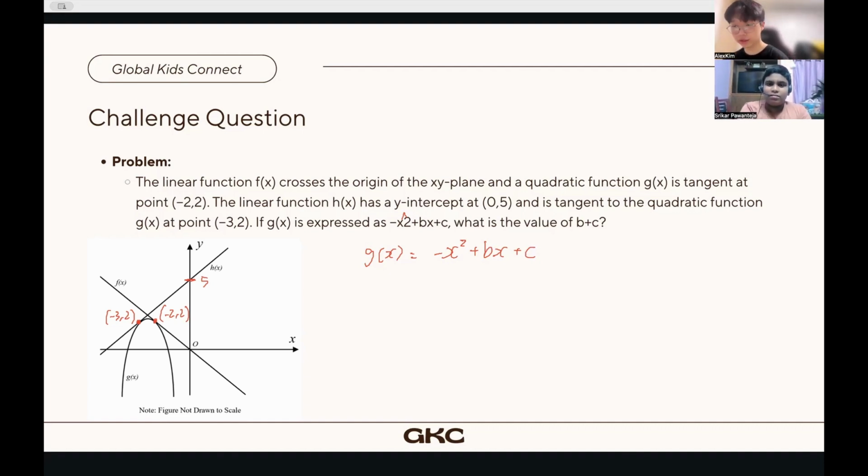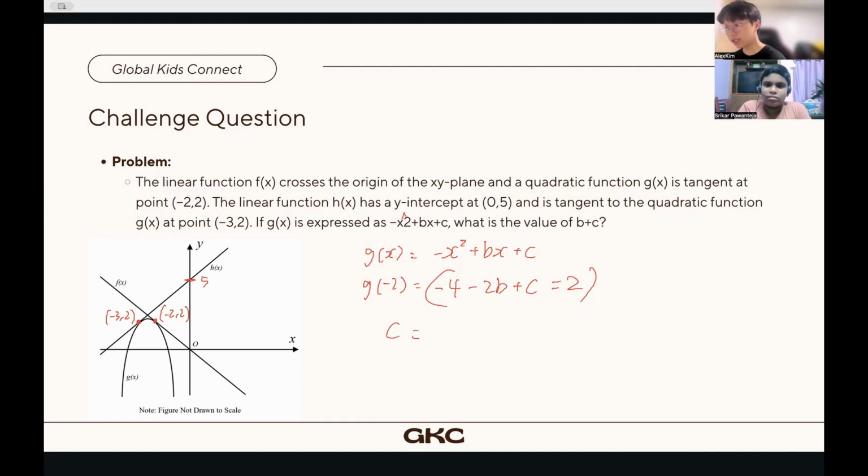Like you said, we can plug in x value of -2. So g(-2) is equal to -4 - 2b + c, which is equal to the y value of the point, just 2. And so, like you said, Srikar, we can re-express this equation to be a substitute for c.